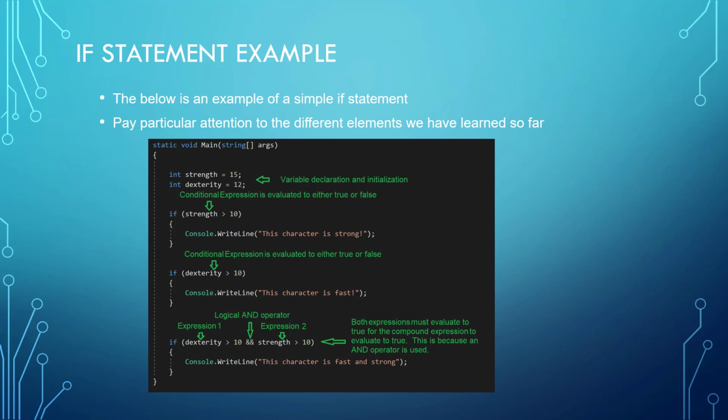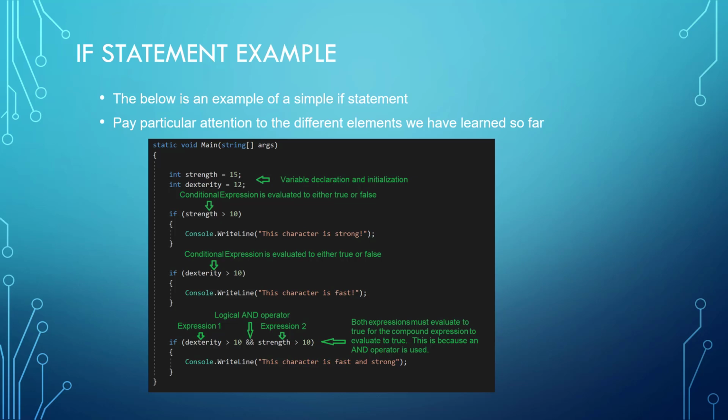So the one on the left and the one on the right need to be true, and that's what the logical AND operator does. If this had been a logical OR operator, well then either expression 1 or expression 2 could have been true. But since we're using an AND logical operator, they both need to be true.